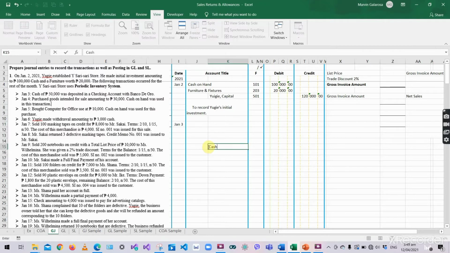So, debit cash in bank, 50,000. And then, mababawasan naman yung ating cash on hand. Credit cash on hand, 50,000.